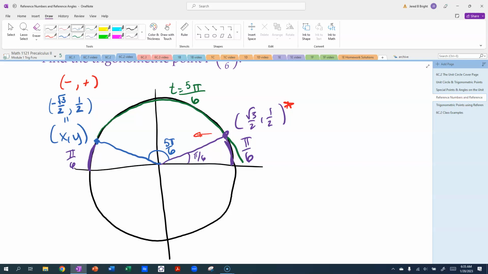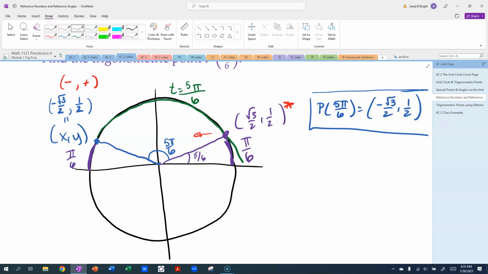And so if I reflect that into the second quadrant, it keeps the values, just changes the signs as needed. Okay, so there we go. We found the trigonometric point for P of 5 pi over 6 is equal to negative square root of 3 over 2, comma 1/2. Okay, so now we have access to even more trigonometric points.